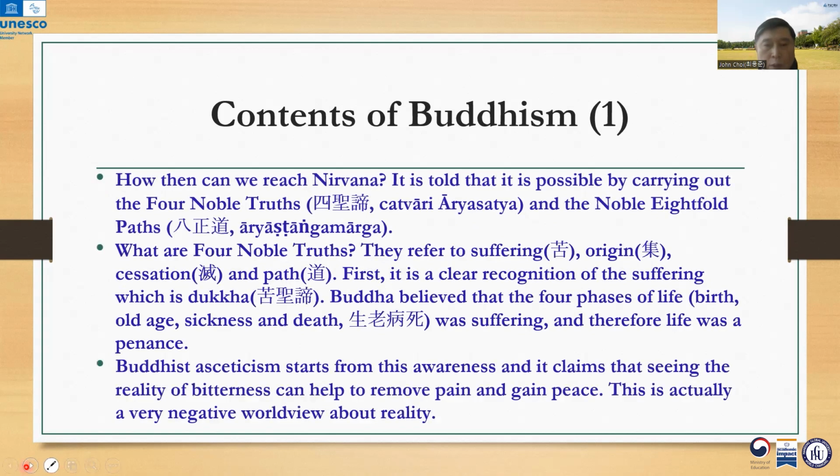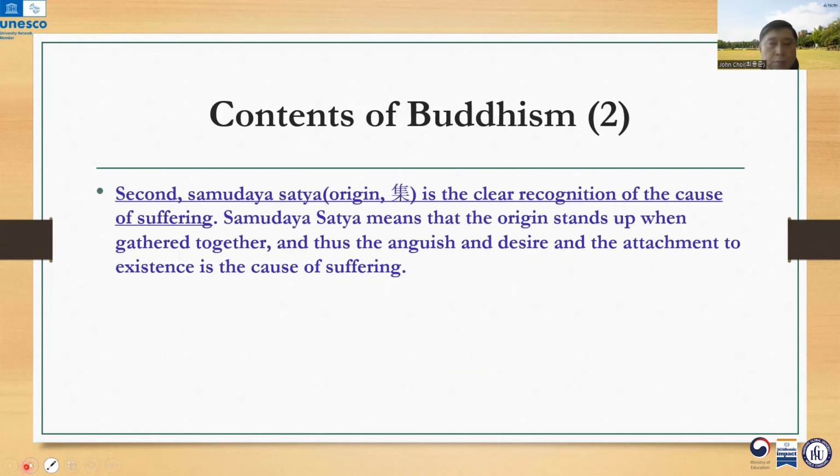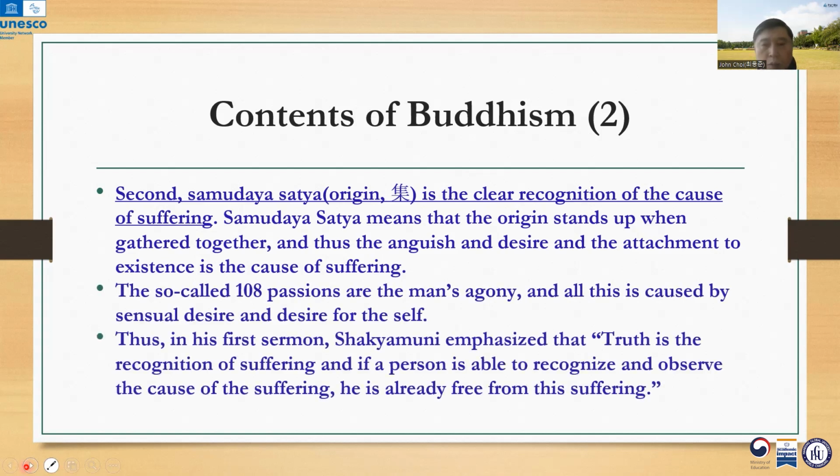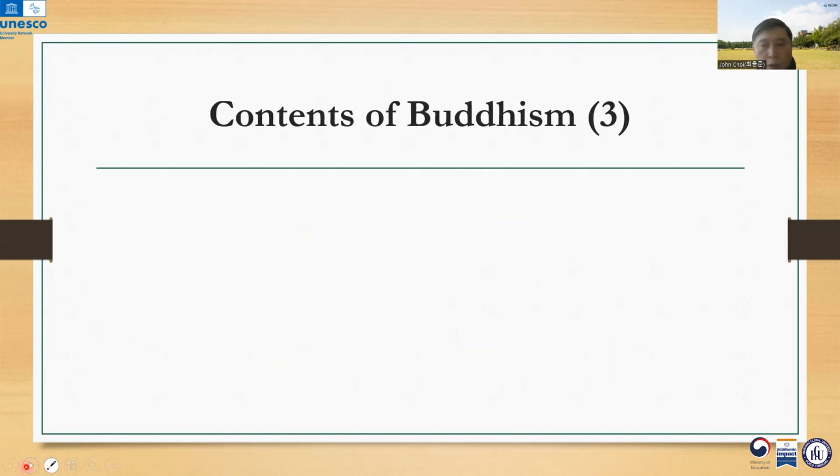And second, samudaya satya is the clear recognition of the cause of suffering. So it is very important to know why we have suffering in our lives, and Shakyamuni emphasized that.